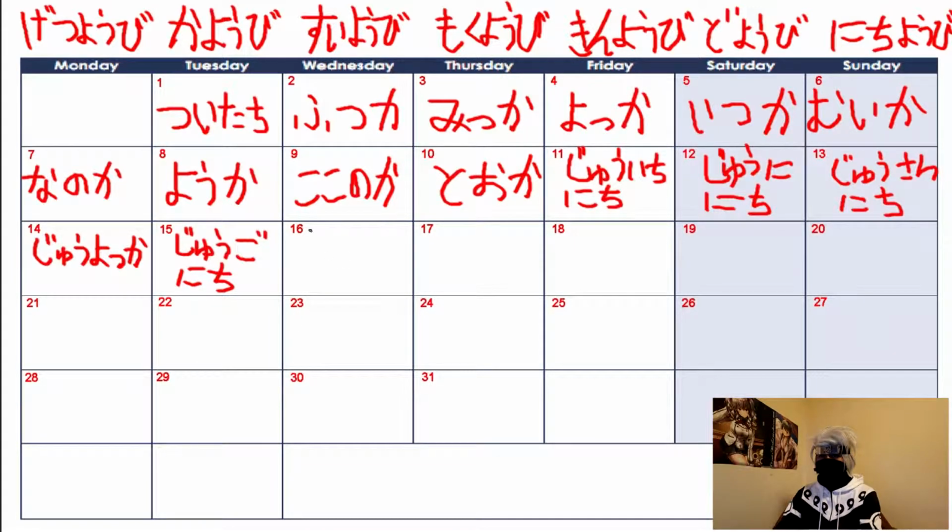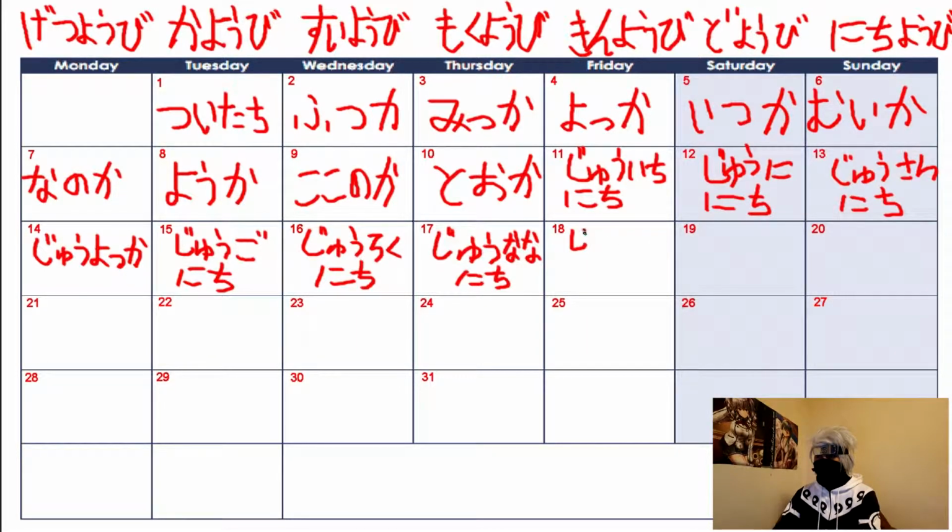Okay. Next, 16. Add nichi. 17 is 17 nichi.